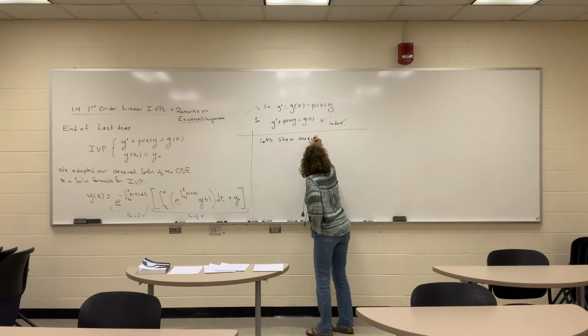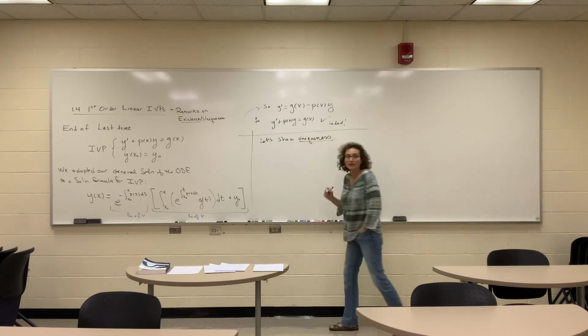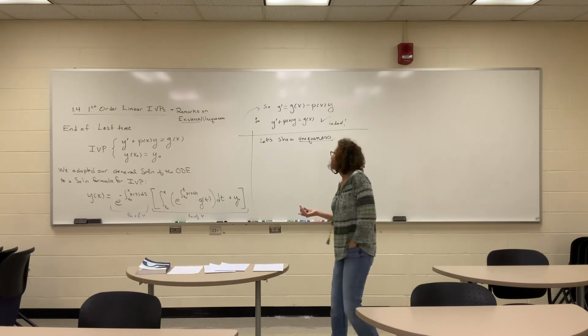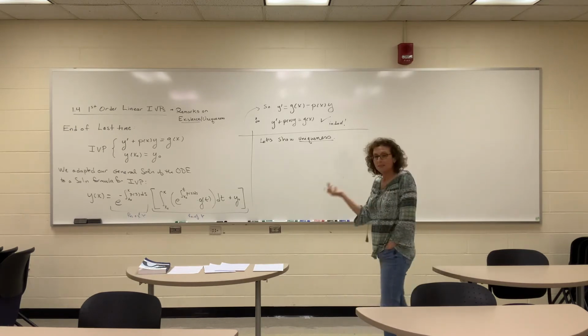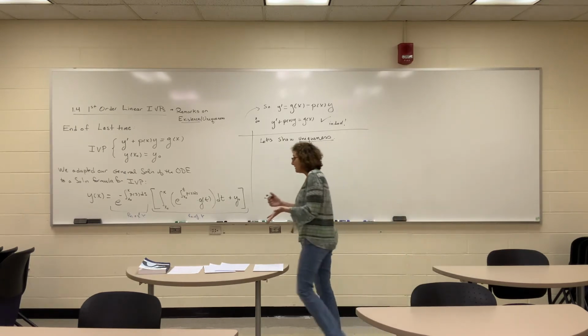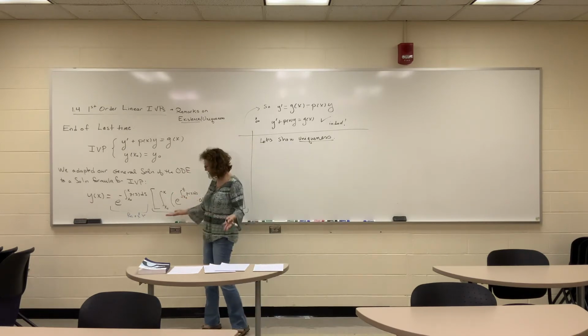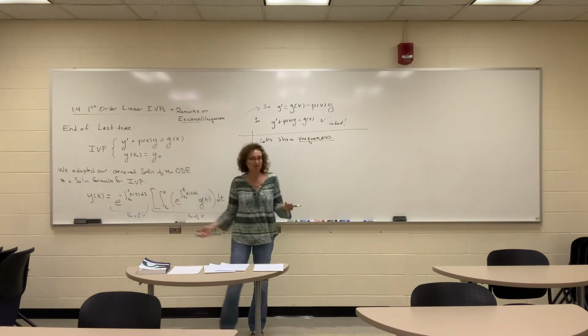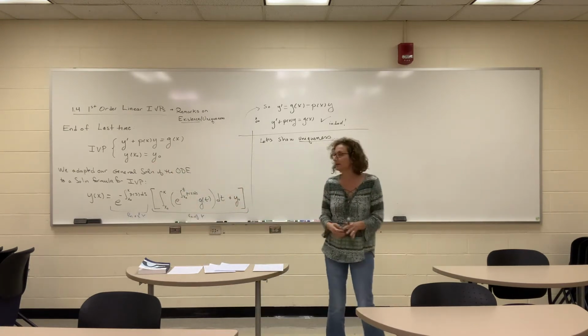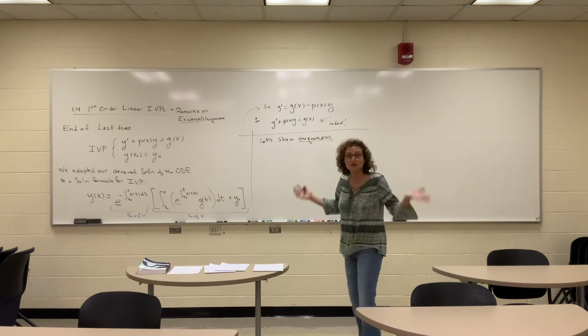Let's now show uniqueness. We just justified existence. So what does uniqueness mean? Existence means there's at least one solution. And we just demonstrated it because we took derivatives and evaluated the initial condition and guaranteed that that guy is a solution. So a solution exists, but is it unique?